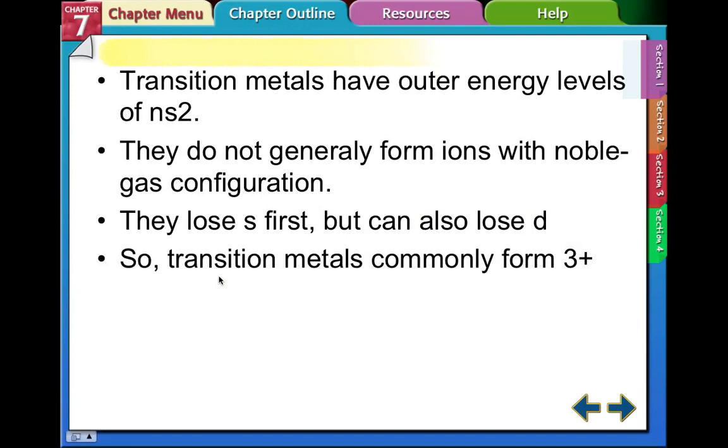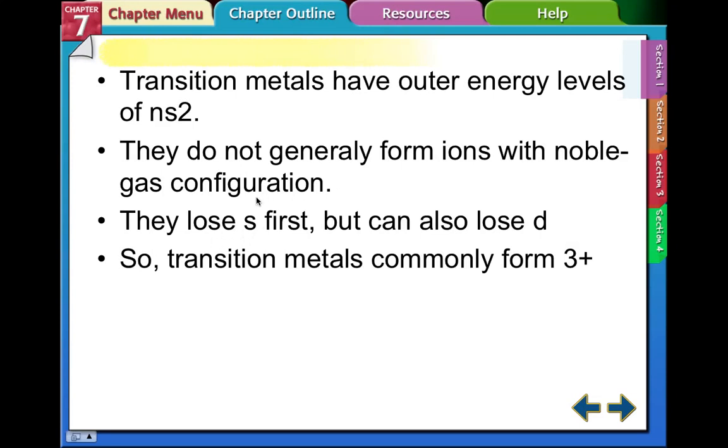Now we look at transition metals. Transition metals, remember, are going to have different rules. Transition metals have outer energy levels of, remember, N is the period, and then S2. They do not generally form ions with the noble gas configurations.